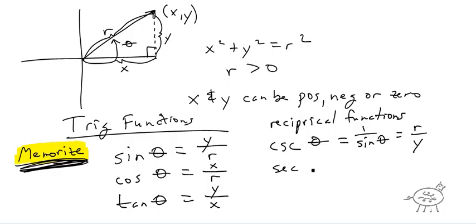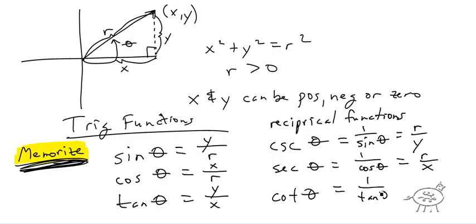Okay, and then you have the secant of theta is equal to 1 over the cosine of theta. So that's going to be r over x. And then you have the cotangent of theta is equal to 1 over the tangent of theta, or x over y. All right, got to memorize those. You have to know those. They're really not that difficult.